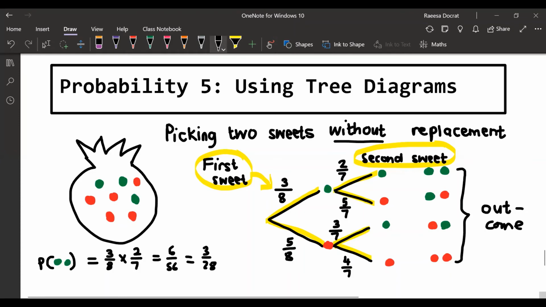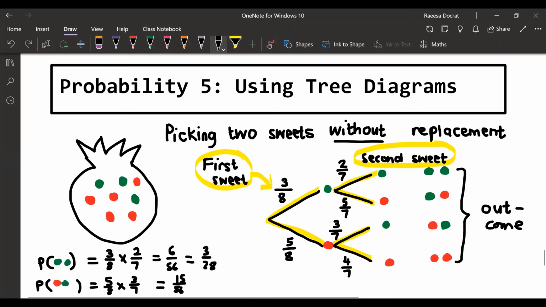Okay, so what is the probability that we get, let's say order is important, so it does matter which one we choose first. So what's the probability that we get a red sweet and then a green sweet? Okay, so that means we multiply the probabilities of that. So red first is 5/8, and then us getting a green sweet after is 3/7, which is 15/56.